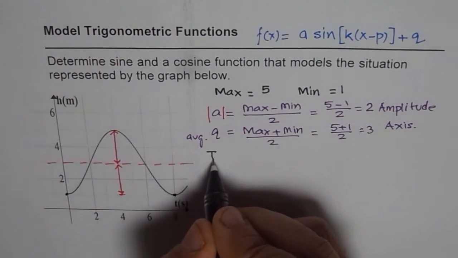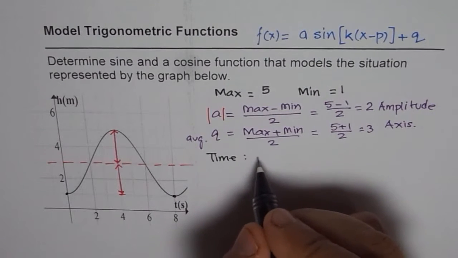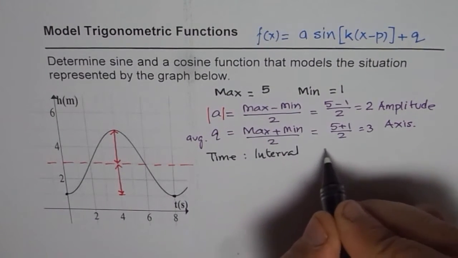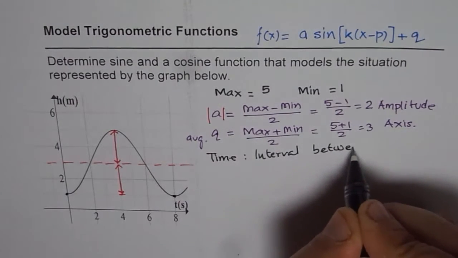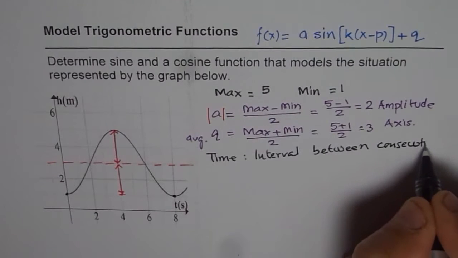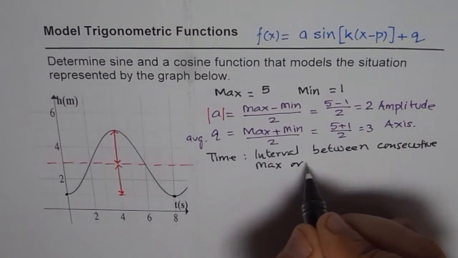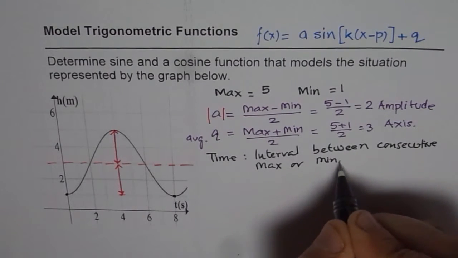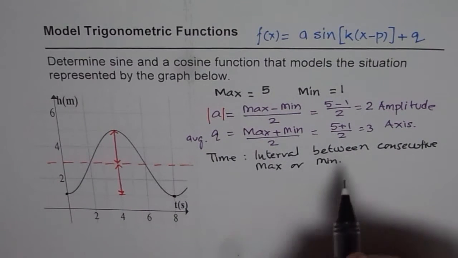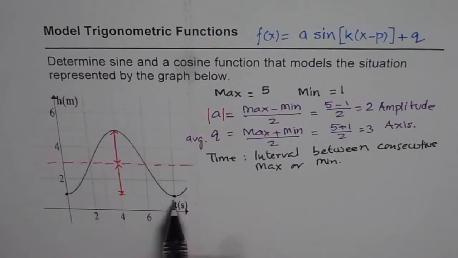To find the time period, we have to find the interval between consecutive maximums or minimums. Do you understand? In this case we are given 2 minimums, we can use that. So these are always good points to look for.